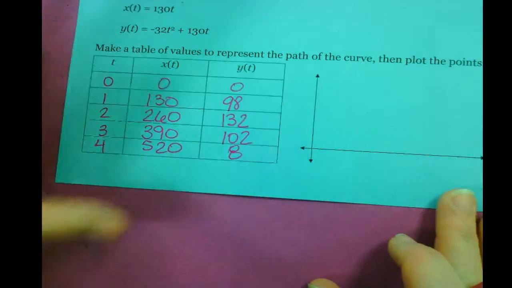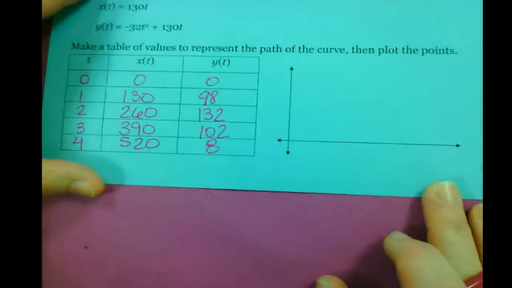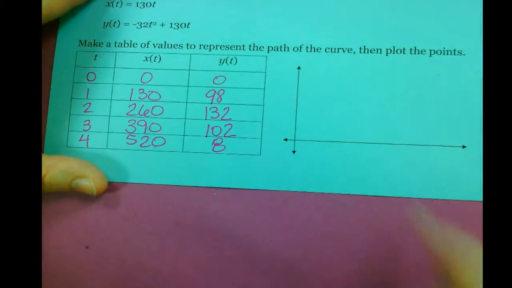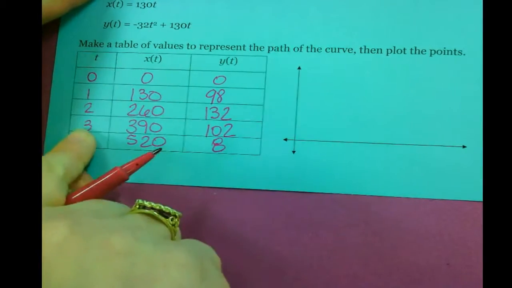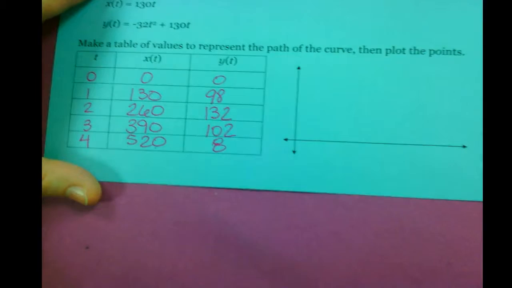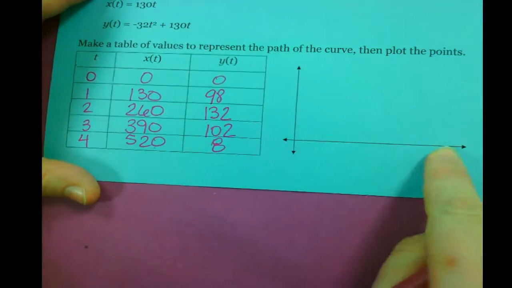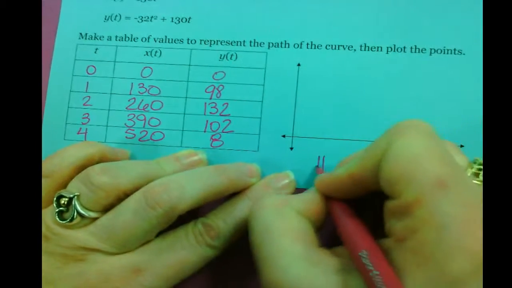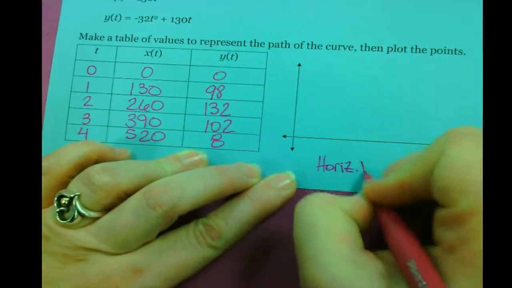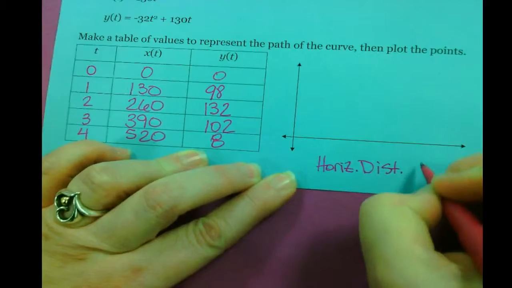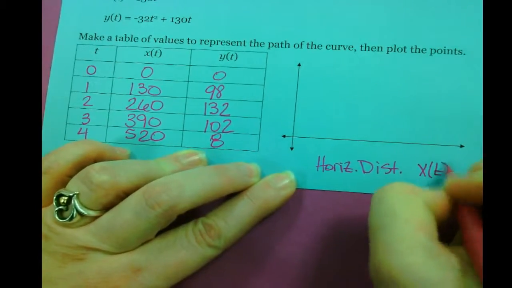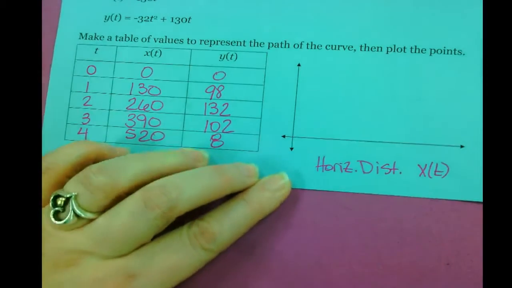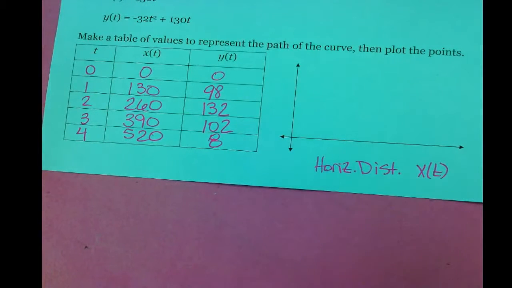Okay, so over here, when we have our little graph, t does not get graphed. X of t and y of t get graphed. Your x of t is going to represent your horizontal distance, which is x of t. Or it's also displacement, kind of the same thing.